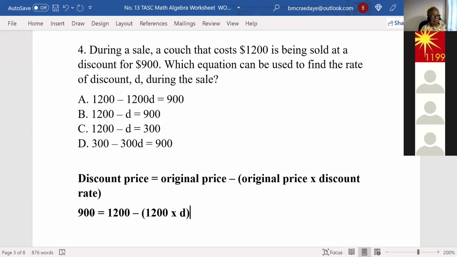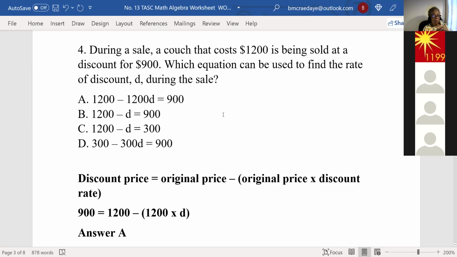It'll be A. Very good. It would be A, because A has 1,200 minus 1,200 D, because 1,200 times D is really 1,200D. Remember you said the other day, side by side multiplication. So original minus original times the discount rate is equal to the discount price. So answer A.